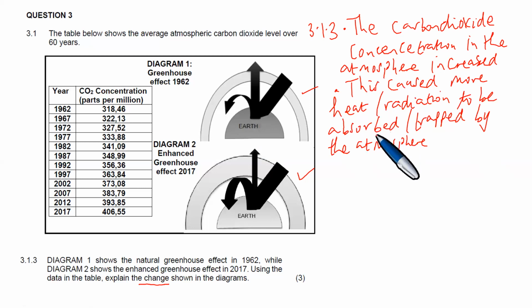The carbon dioxide concentration in the atmosphere increased. We can see that this one is thicker than that one, so we can certainly conclude that the carbon dioxide concentration increased in 2017 relative to 1962. This caused more heat or radiation to be absorbed or trapped by the atmosphere. So if the carbon dioxide concentration increases, more heat is trapped by the atmosphere.